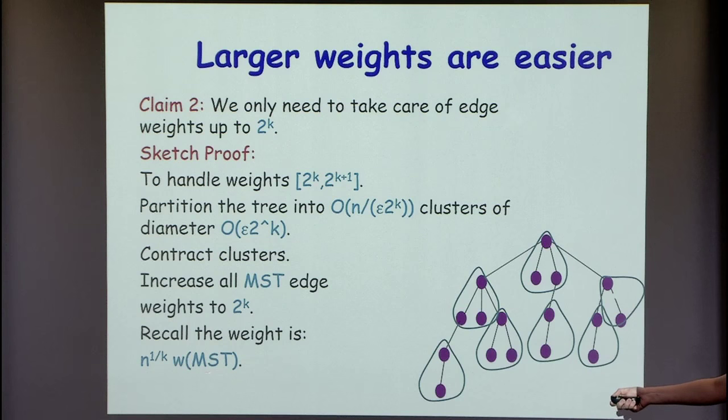So we didn't change much the weight of the MST, but we changed the number of nodes. Previously what we pay is the number of nodes to 1 over k times the weight of the MST. That didn't change much, but that changed. And we can show that if we sum over all buckets of 2^(ik) to 2^(ik+1), then this sum is just a geometric series.